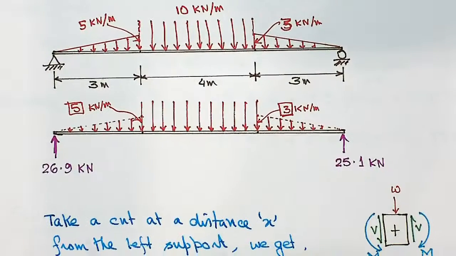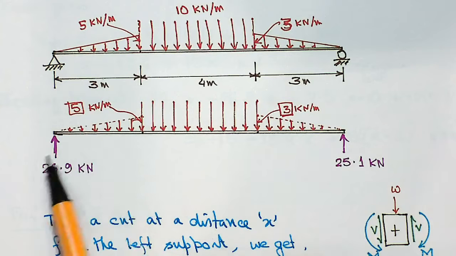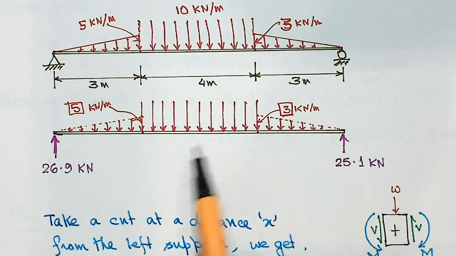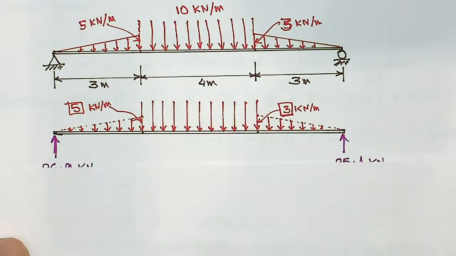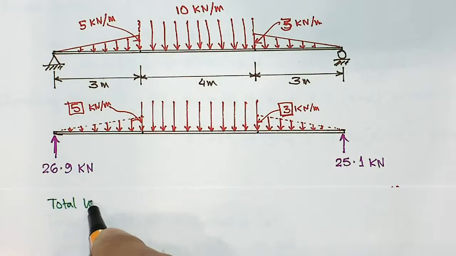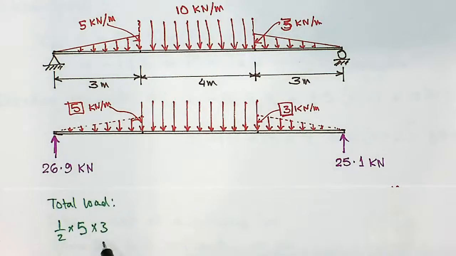So if you do the free body diagram and calculate the total load and where they would act, then you will find out these reaction forces. So the left hand side total load would be half times 5 times 3, so that would be 7.5 kilonewton.